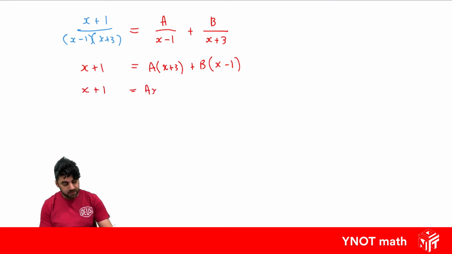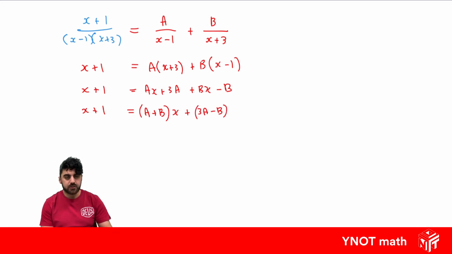We get ax + 3a + bx − b. Let's collect x's together and constants together, and we'll factorize out the x at the same time. So we'll get (a + b) times x + (3a − b).